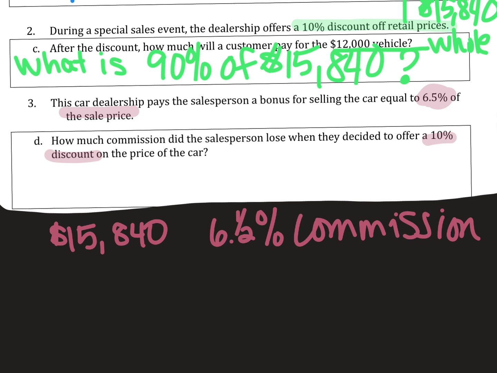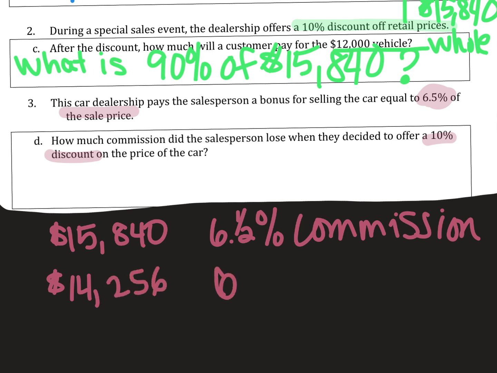Oopsie, sorry, let me say that again. Now I need to find out what's the commission on that sales price when it's 10% off. Okay? So the 90% is what I need to work with. My 90% should be 14,256.